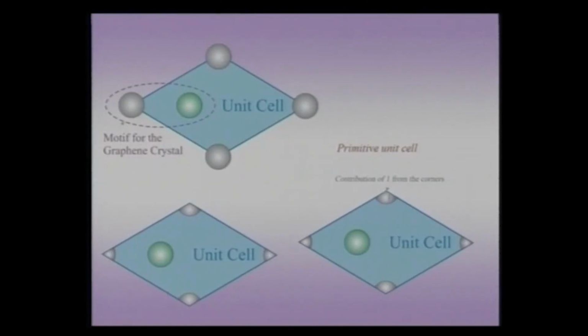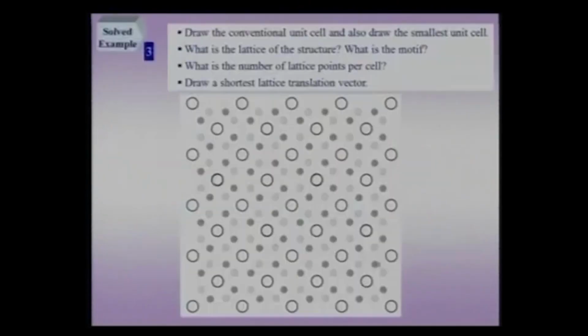The total contribution from these 4 atoms sitting at the vertices will be 1, and this green one will be an additional carbon atom. Therefore there will be 2 carbon atoms within this unit cell, but the number of lattice points per cell still remains 1, and therefore this is a primitive unit cell of the graphite structure.